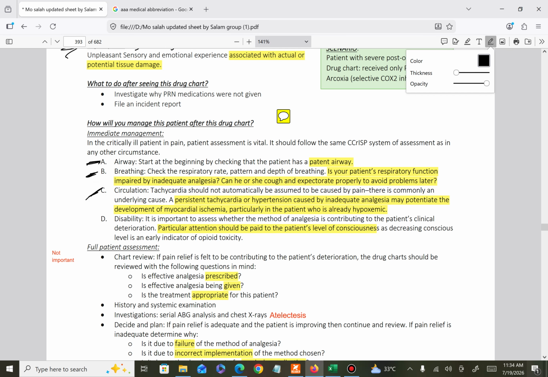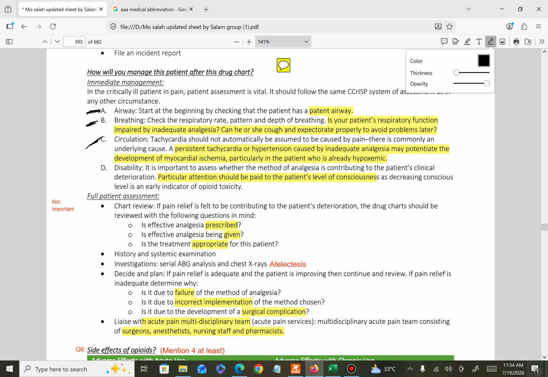Then circulation. If the patient has tachycardia, it should not automatically be assumed to be caused by pain. There is commonly an underlying cause. A persistent tachycardia or hypertension caused by inadequate analgesia may potentiate the development of myocardial ischemia.